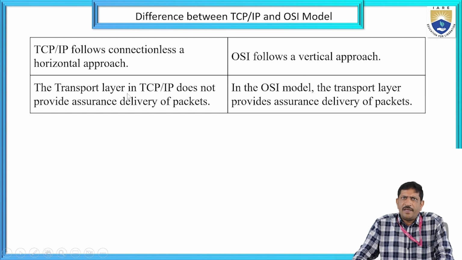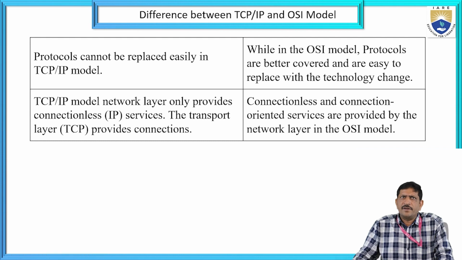The transport layer in TCP/IP doesn't provide assurance of delivering the packet to the destination. In the OSI model, the transport layer provides assurance of delivering the packets to the destination effectively.